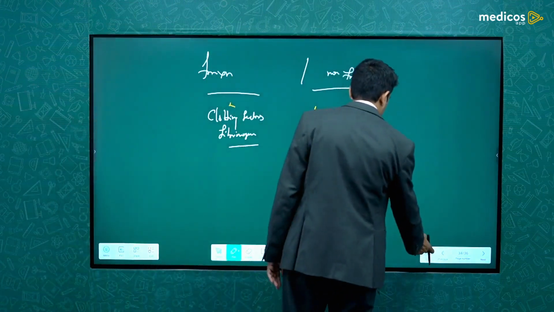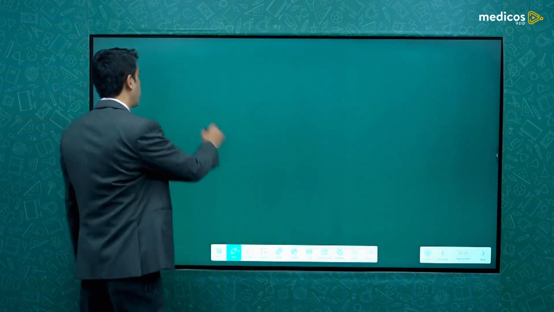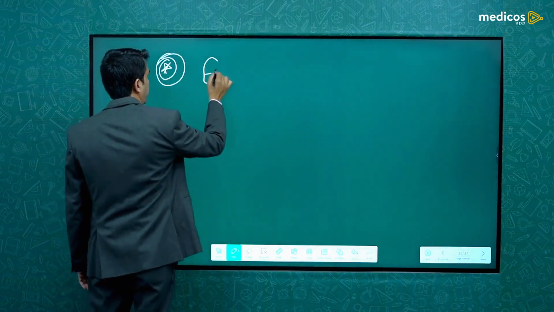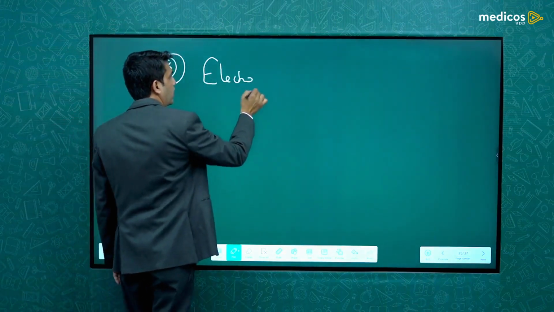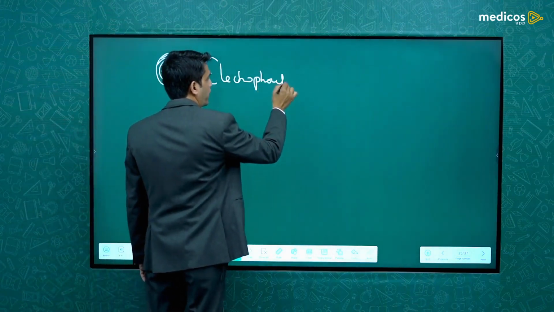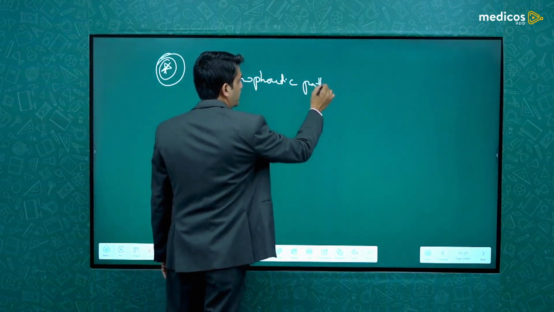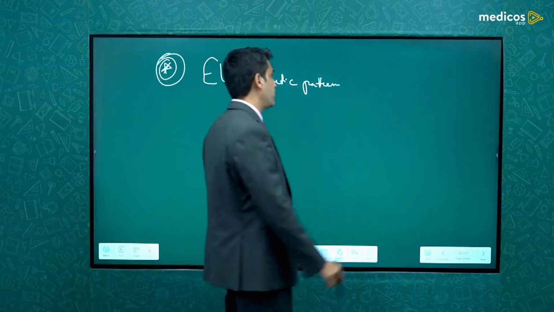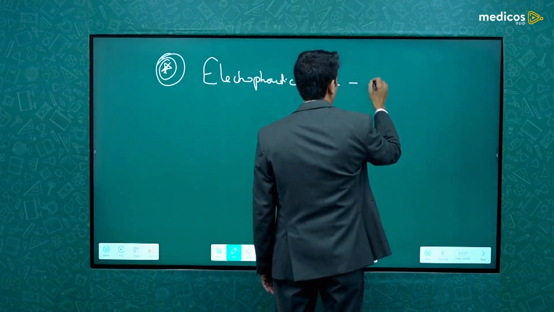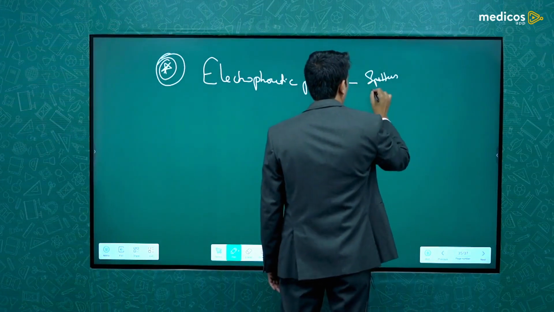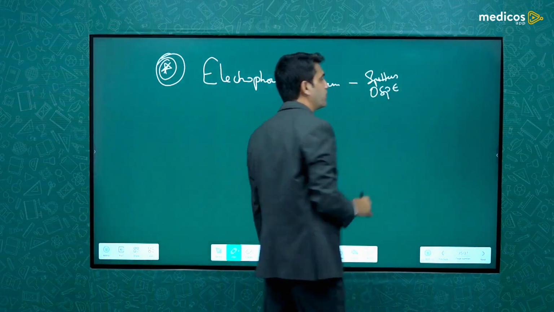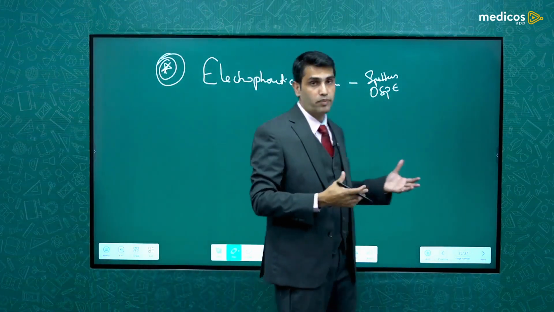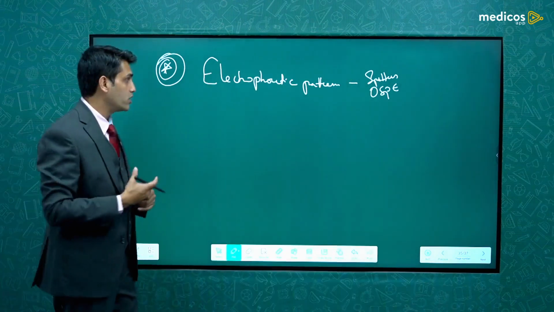Apart from this, the most important part of plasma proteins that you need to study is the electrophoretic pattern in different diseases. You will come across it in your spotters, your objectively structured practical exam, where you will be facing an electrophoretogram, mostly of plasma proteins, and they will check whether you know all of them.